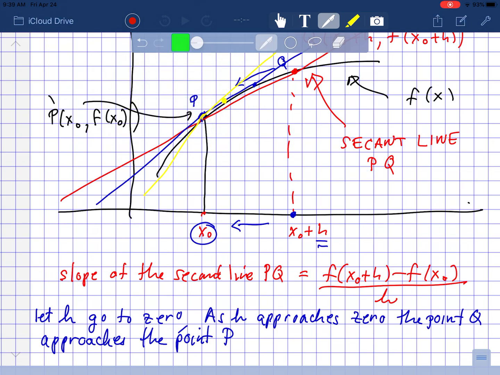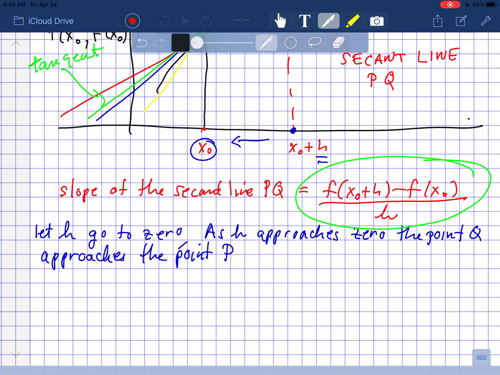And now, if the limit of the slopes of the secant lines approaches a fixed number, some number, then that number represents the slope of a line which we say is tangent to the curve, which is the graph of the function f of x at the point P. And that tangent line would be represented by this green line.